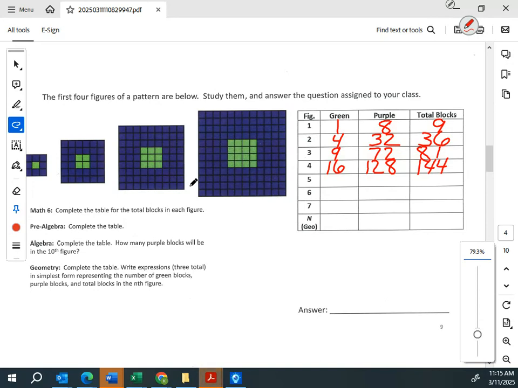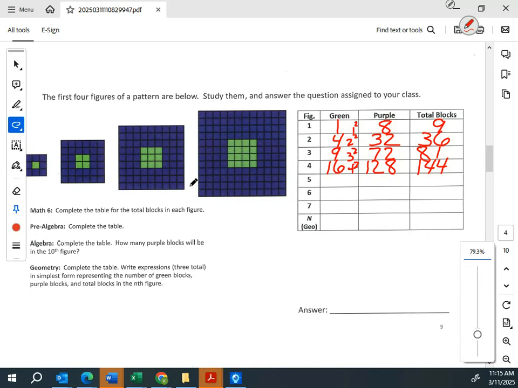When I look at some of these numbers, which of my favorite numbers are on there? Harper? I see perfect squares. Perfect squares help me to find patterns. 1 squared is 1. What's 4? 2 squared. What's 9? What's 16?